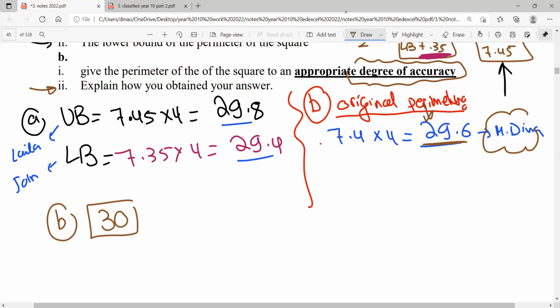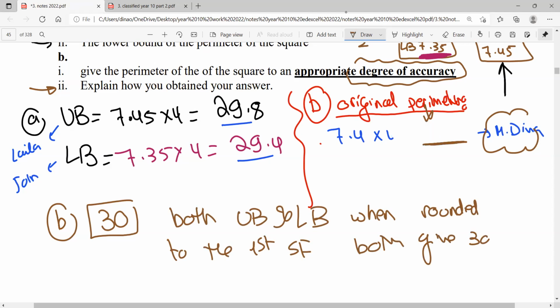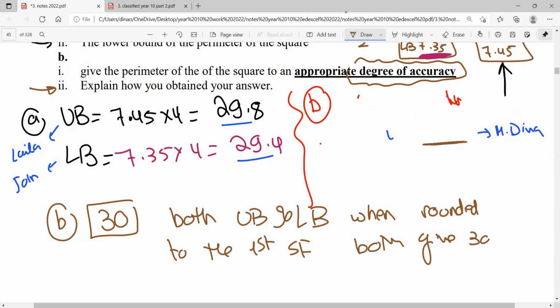We will tell him, because both upper bound and lower bound, when rounded to the first significant figure, both give 30. The original isn't needed, I was just emphasizing a piece of information.